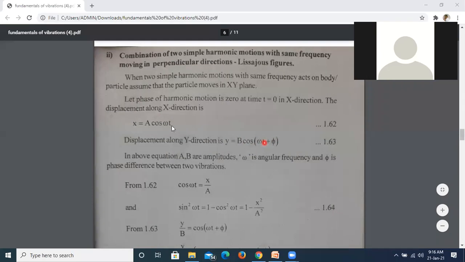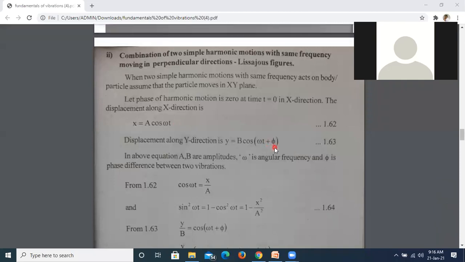Omega t plus phi. So the phase difference between these two simple harmonic motions is omega t plus phi minus omega t, that is phi. Therefore, the phase difference between these two motions is phi.